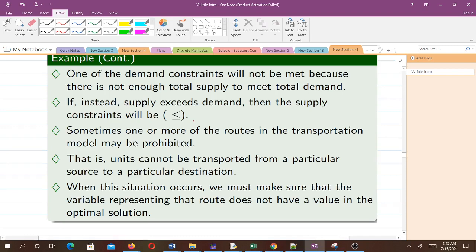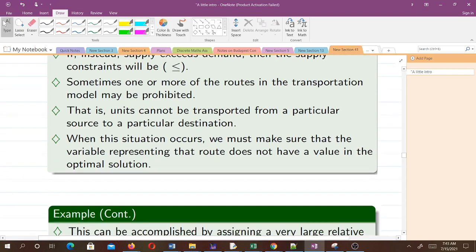Okay. So note that sometimes one or more of the routes in the transportation model can be prohibited. That is, units cannot be transported from a particular source to a particular destination. So when this situation occurs, we must make sure that the variable representing that route does not have a value in the optimal solution, right?